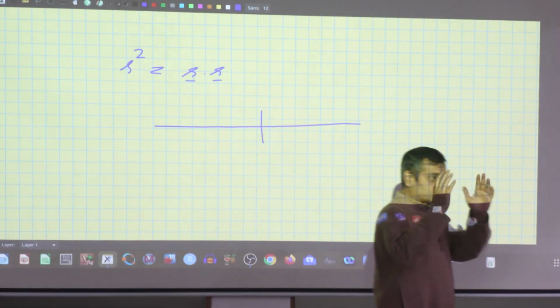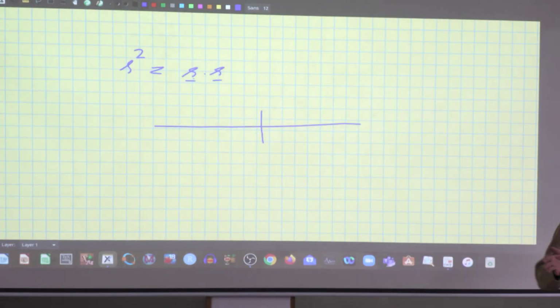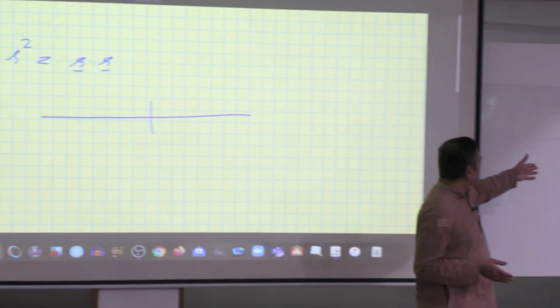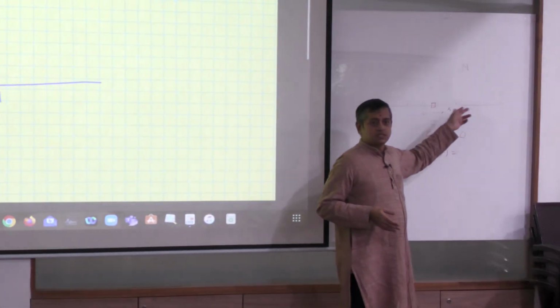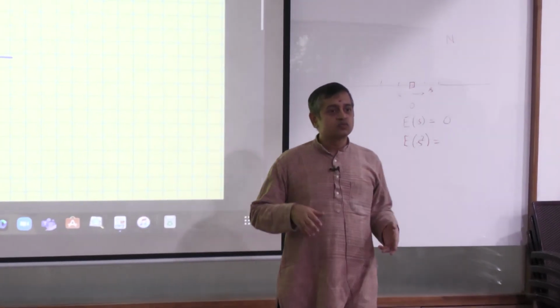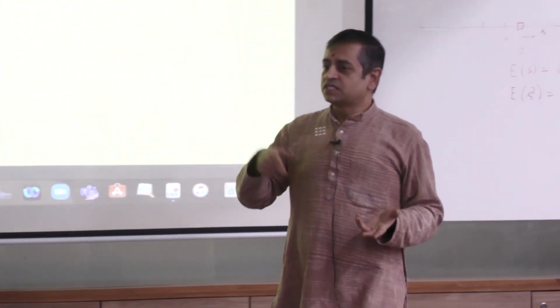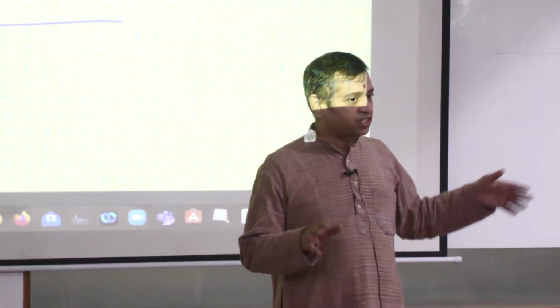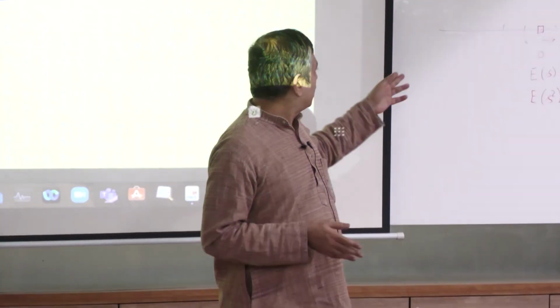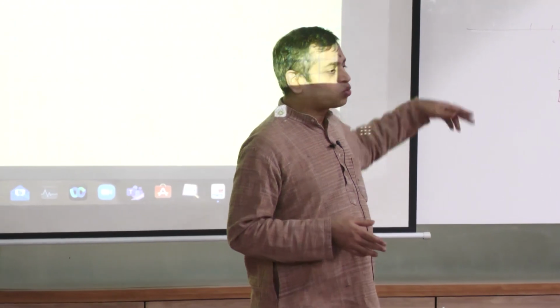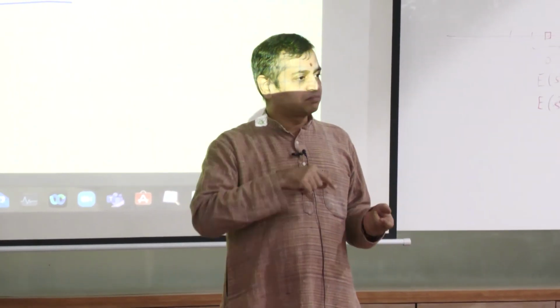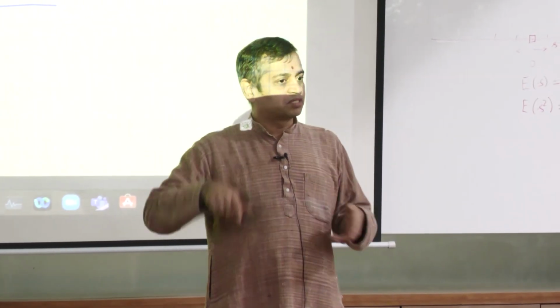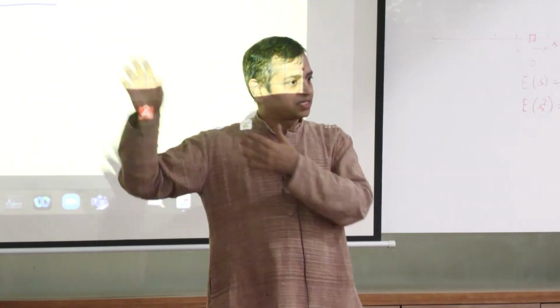Mod S cos theta. Theta is 0 or 180, which will give me plus or minus, that is why the expectation value is becoming 0. Now if I take S squared and sum, it is the sum over i equal to 1 to n of Si dot Si.